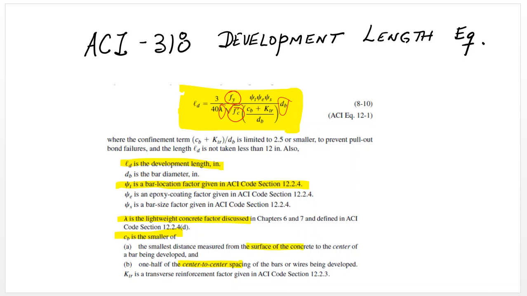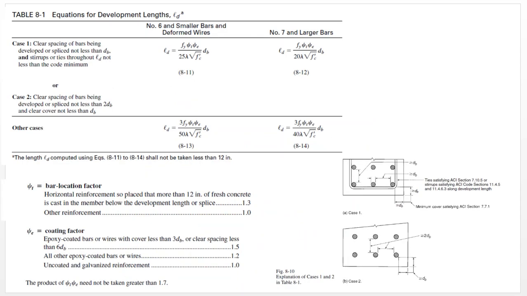So it depends on how far the rebar is placed in relation to the surface of the concrete and in relation to other rebar. This formula sometimes is a little complicated to apply, so there is a nice table here that summarizes these results for rebar number 6 and smaller and number 7 and larger.